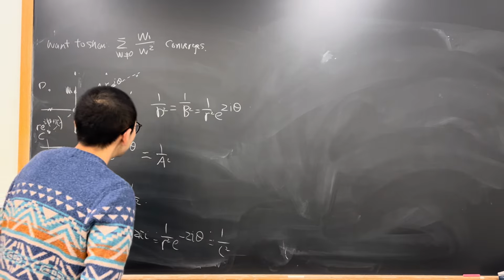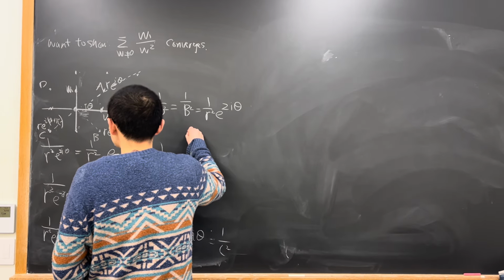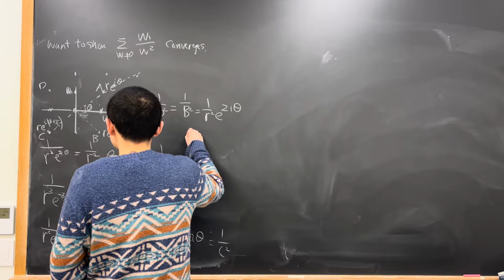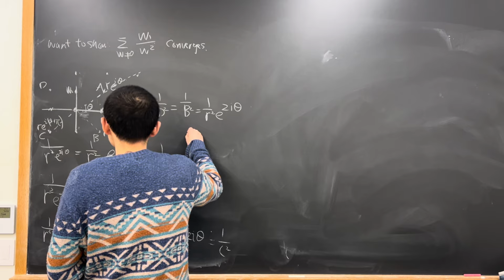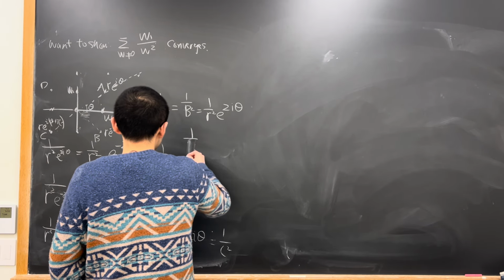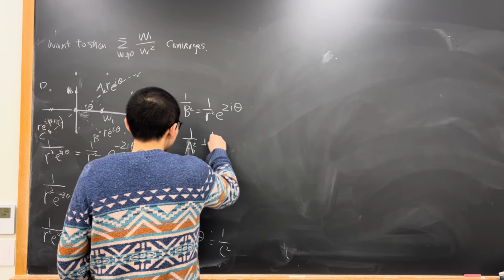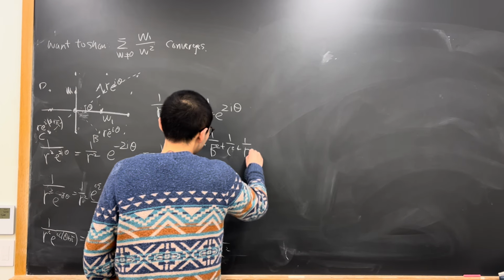So when you add them up, let's say that you have 1 over a squared plus 1 over b squared plus 1 over c squared plus 1 over d squared.